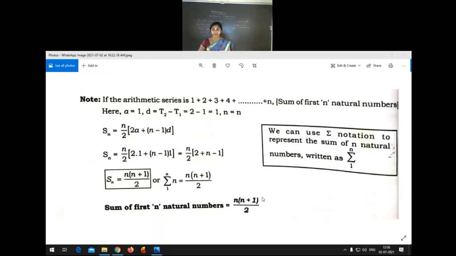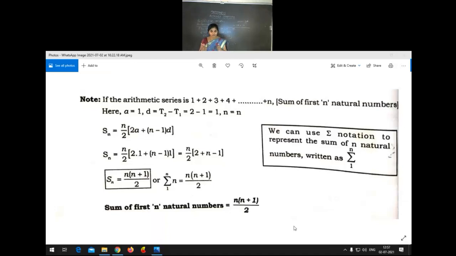Only when the AP is natural numbers. If we want to find the sum of the first n natural numbers, then only you can use this formula. Otherwise, we have to use Sn is equal to n by 2 into 2a plus n minus 1 into d. Do you have any confusion regarding this formula?